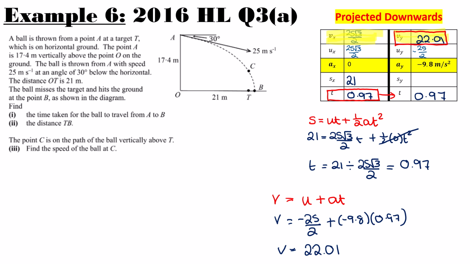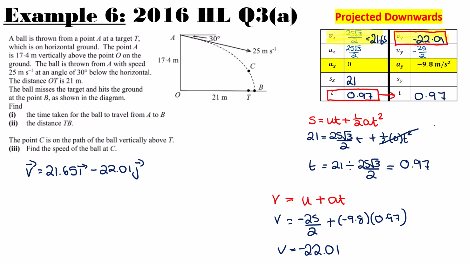And if we turn the 25 root 3 all over 2 into a decimal, that's about 21.65. So that gives us the velocity vector of 21.65 i, and sorry, that should be minus 22.01j because we're still moving downwards.